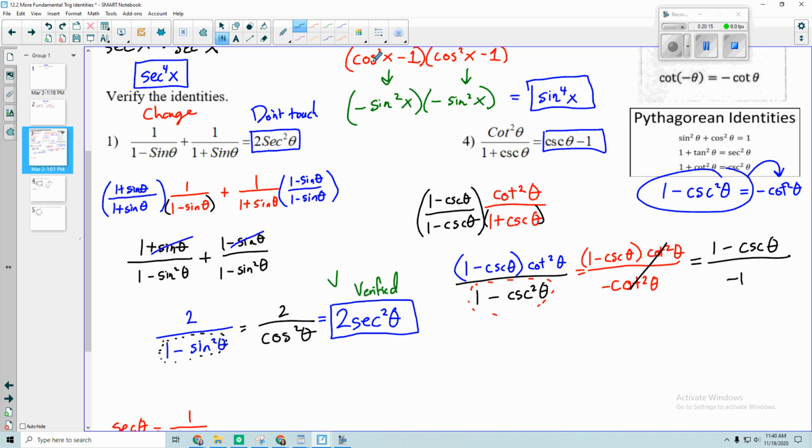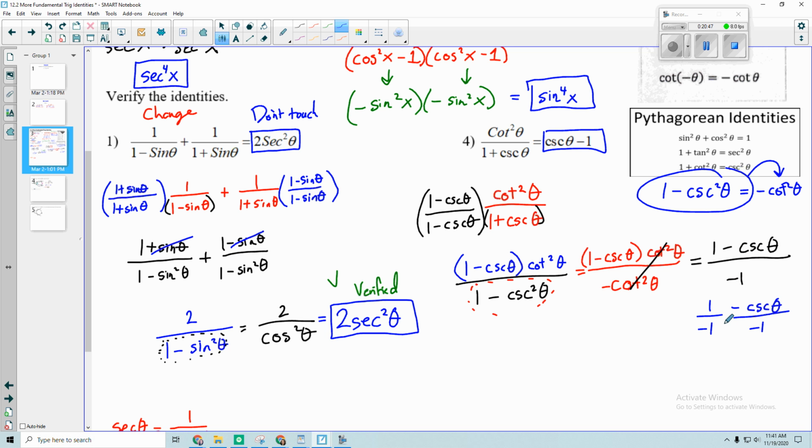We're super close to our answer now. The one last thing that we can do to get to our final answer is I'm going to take this -1 and I can actually split this up between both of the terms in the numerator. So I can take this -1 and put it underneath the +1 there. And then I can take the negative cosecant and put it underneath the negative cosecant.